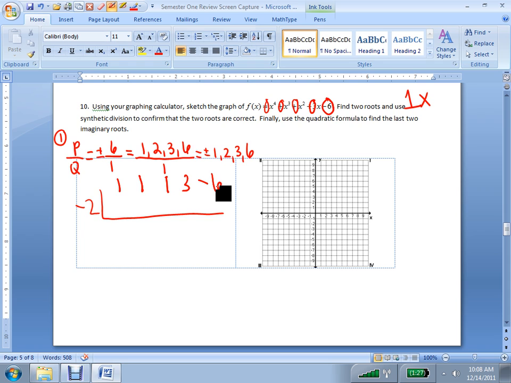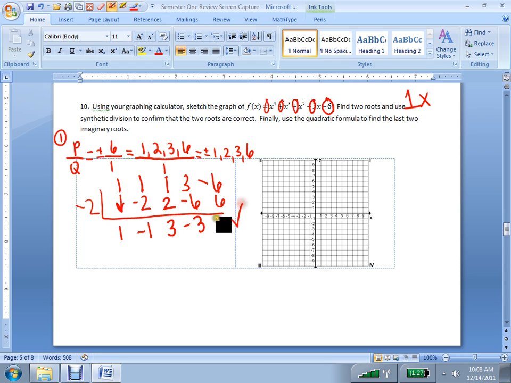So then let's do synthetic division. You just bring down the 1, -2, 1 plus -2 is -1. And then you take 2, that's 3, -6, -3, 6, and then you have 0.